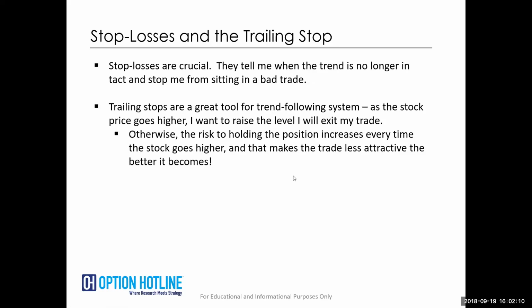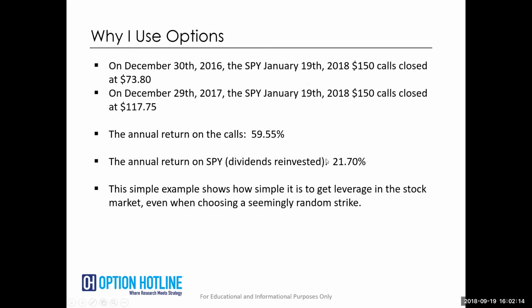One way to help myself define that risk and add even more leverage is to use options. So I'm just going to give you a simple example. SPY, the S&P 500 ETF, had a really good year in 2017. One of the simplest things I could have done is just bought these relatively far in the money calls, the 150s, and held them for a year.